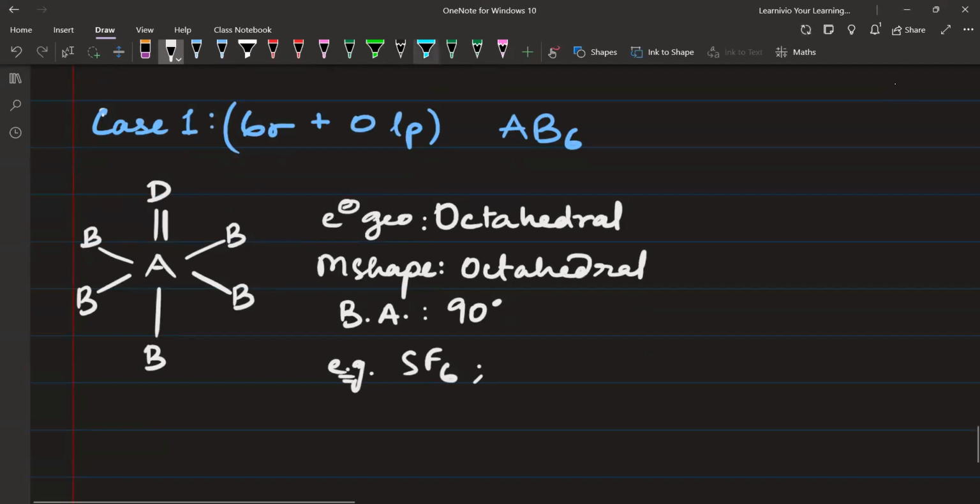How many valence electrons will be there in A now? 7. 7 means you can have halogens, bromine. D will be divalent. Who makes a double bond? Oxygen. And B will be fluorine: BrOF5.